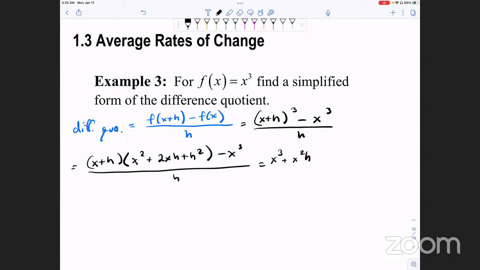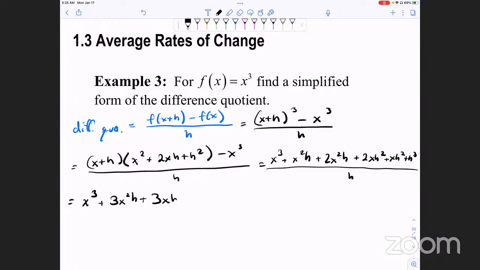And then plus 2x squared h plus 2xh squared plus xh squared plus x cubed, right? Over h, okay? So then if we combine like terms, we get x cubed plus 3x squared h plus 3xh squared plus h cubed. Oh, and I'm forgetting my minus x cubed here.